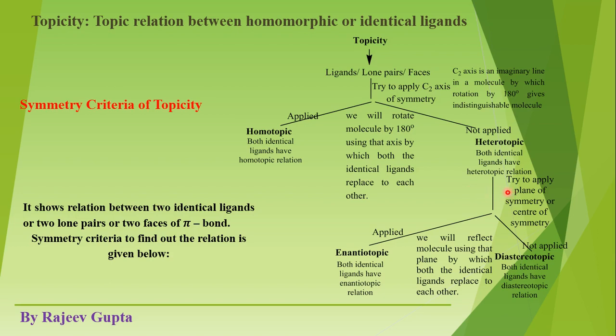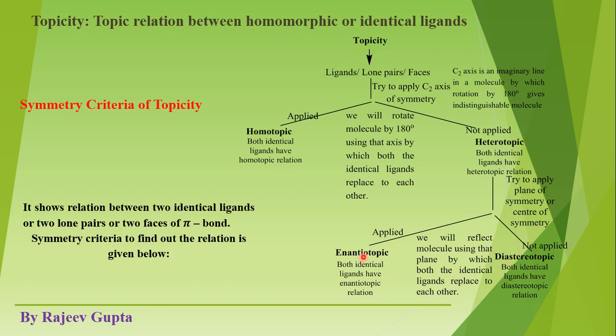So they should be apart from that plane and should form mirror images of each other. That type of plane we have to apply. If that plane of symmetry is applied, then we say that both homomorphic ligands have enantiotopic relation. And if this plane of symmetry is not applied, then we say that both homomorphic ligands are diastereotopic.